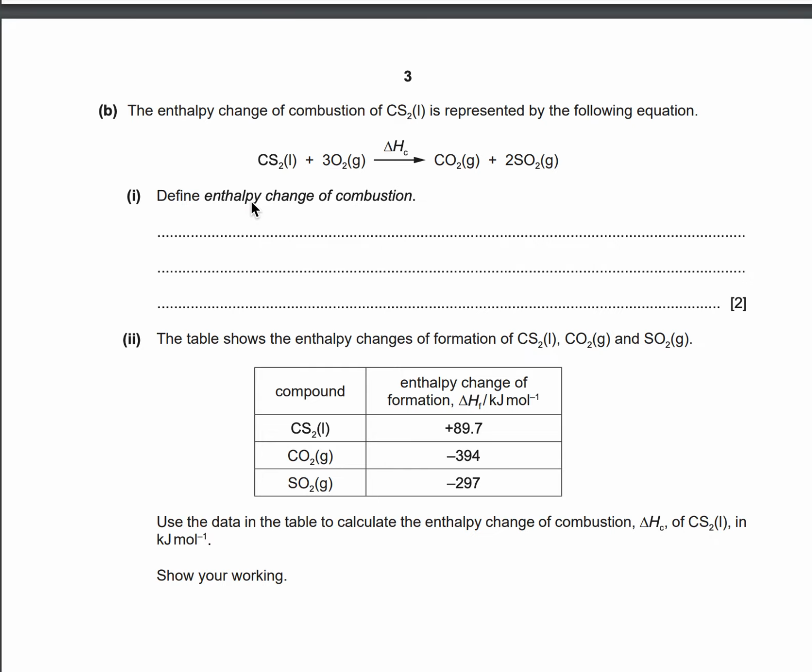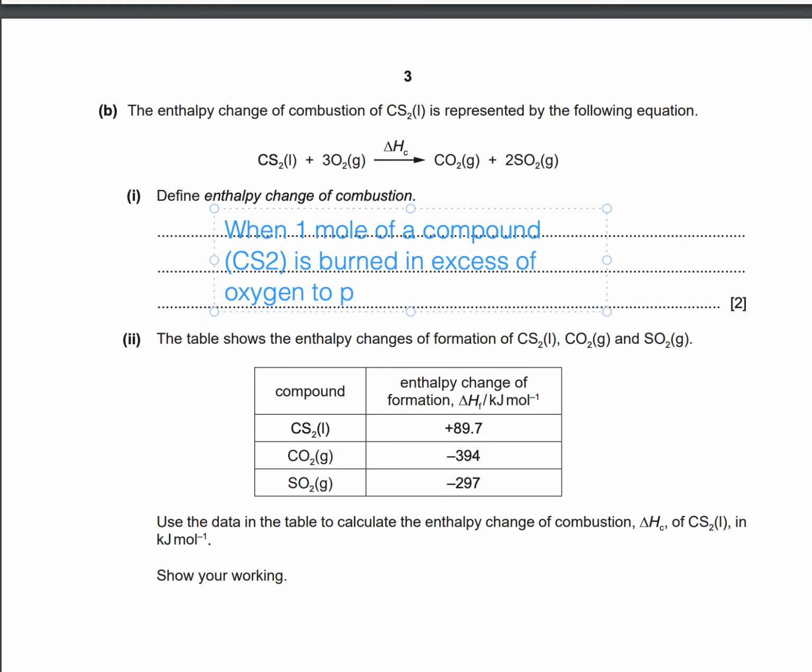So when 1 mole of a compound, which is CS2 in this case, is burned in excess of oxygen to produce carbon dioxide and sulfur dioxide.